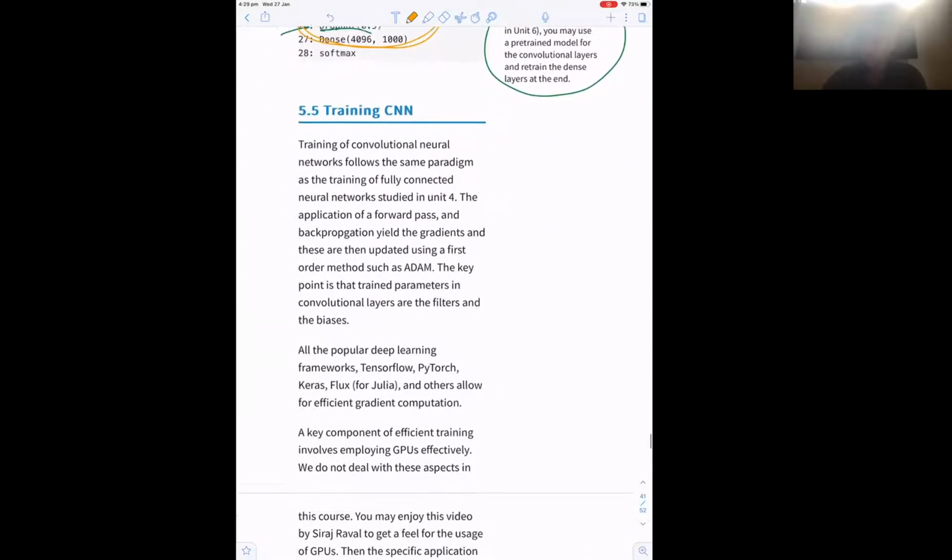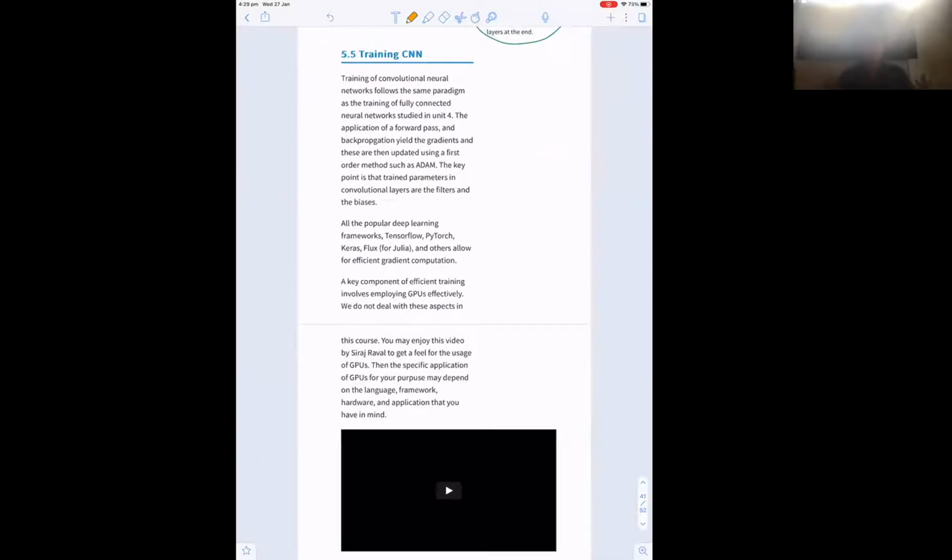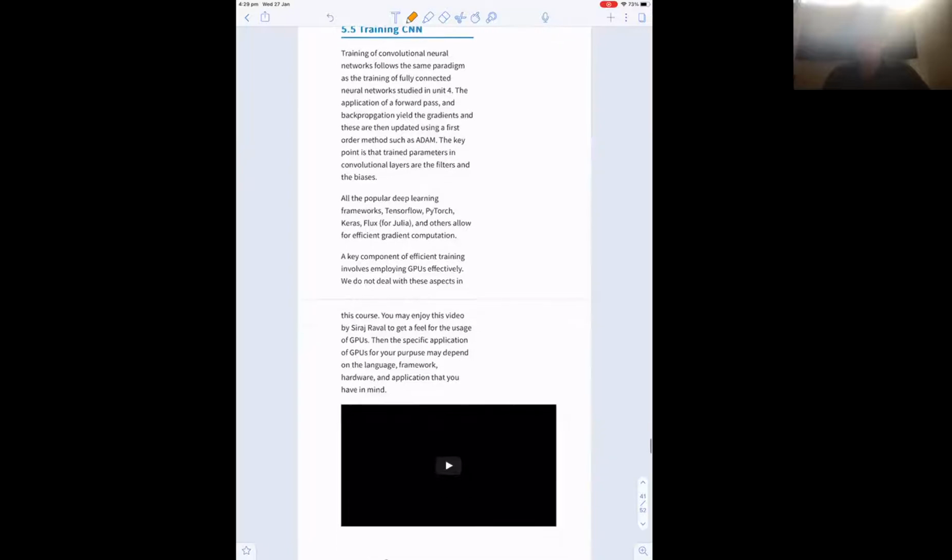So when we train CNNs, there's not a lot of content here, but basically mathematically training a CNN is using the same forward pass and backward pass that you do for fully connected networks that you learned about with Benoit in chapter 4 in unit 4. But the thing is that you only train the parameters of the filters and their bias terms. GPUs play a key role.